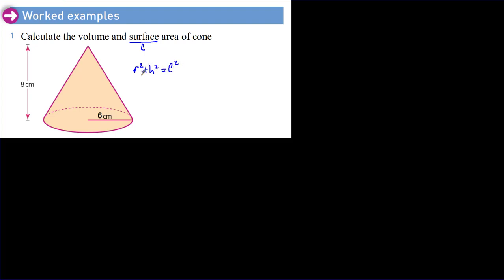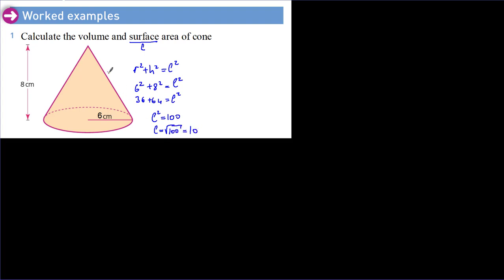Then I may continue with the formulas for the surface area and volume. R is equal to 6 square, h square is equal to 8 square, this is going to be L square. 36 plus 64 is equal to L square, then L square is equal to 100, and L is equal to root of 100, which is equal to 10.